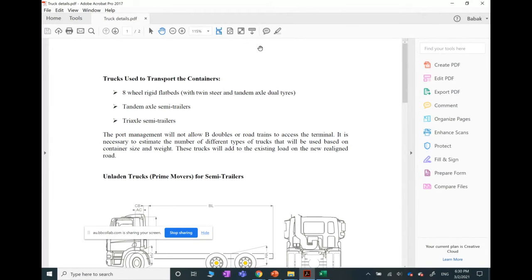So how to transfer kilogram into ESA? As I mentioned, what you need to do is to determine the different types of axles, right? And then say that, for example, for this axle, the load is this much.